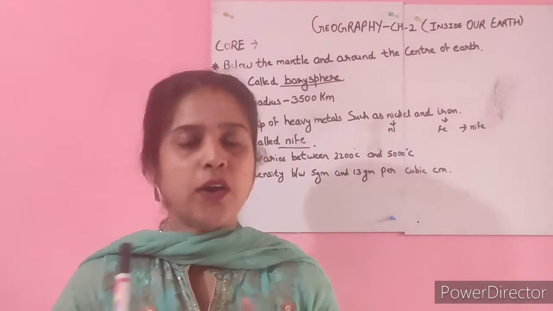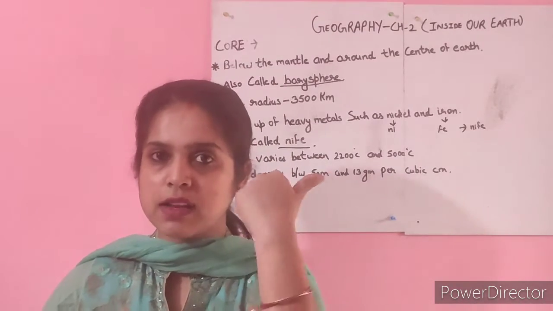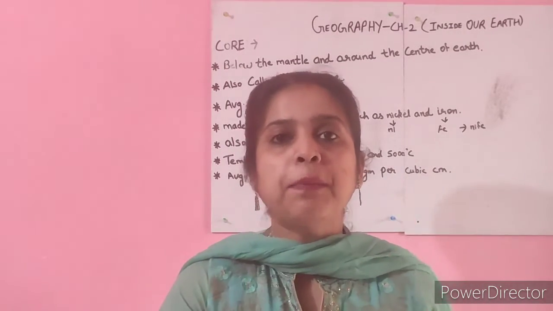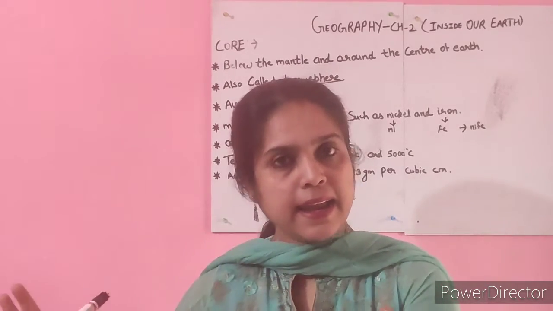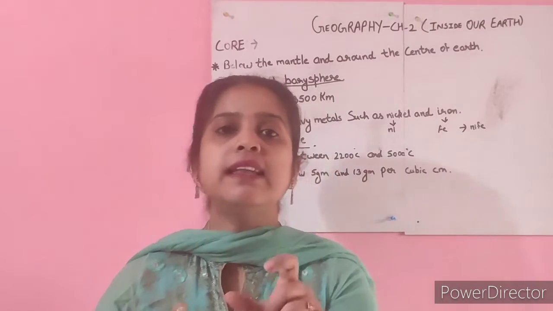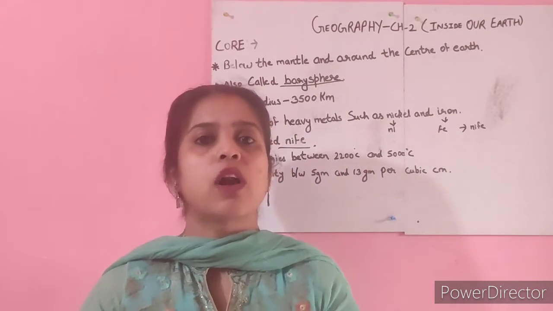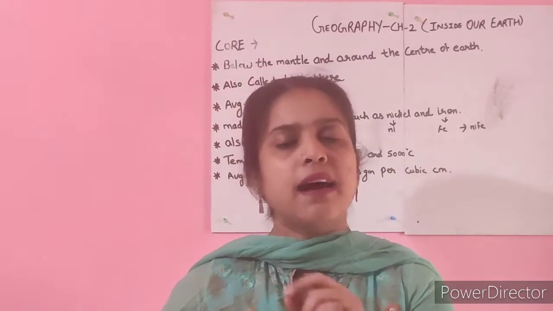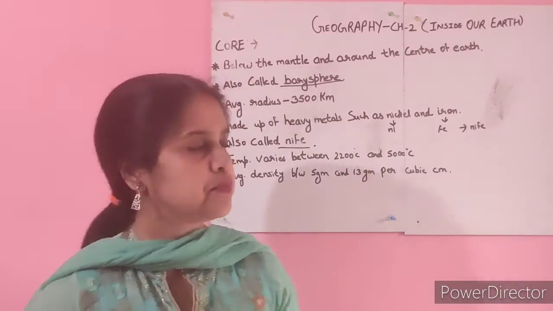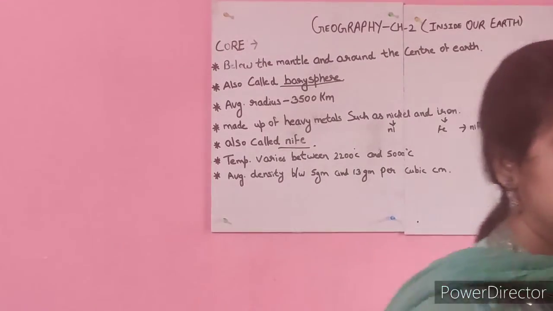Now, I don't think you will forget: the outer shell is the crust, inside the white layer is called the mantle, and around the center we have the core. Clear? Crust, mantle and core. Very good.